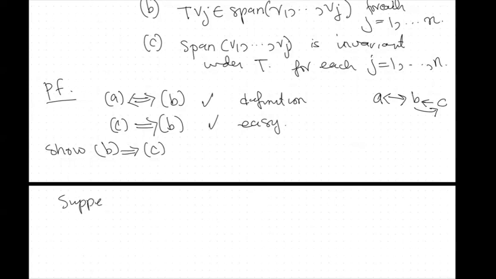Fix our integer j, which is an element of 1 up to n.